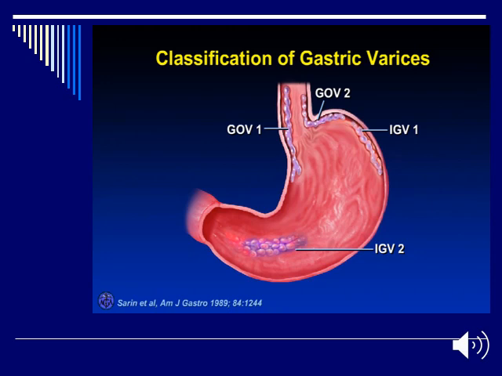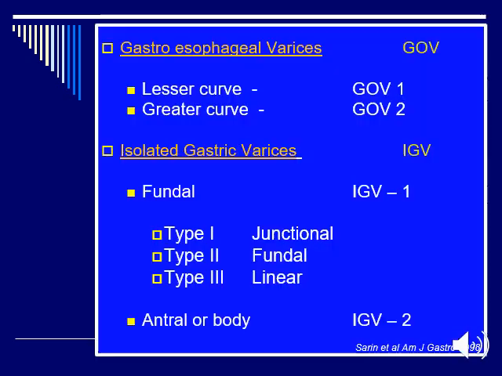Or if it is continuous from the esophagus, it will be called gastroesophageal varices type 1 on the lesser curve. If it is on the greater curve, it will be gastroesophageal varices type 2.